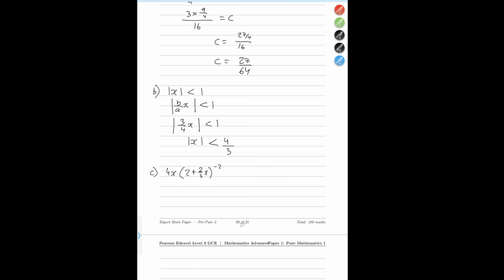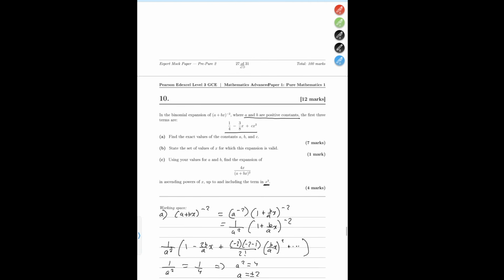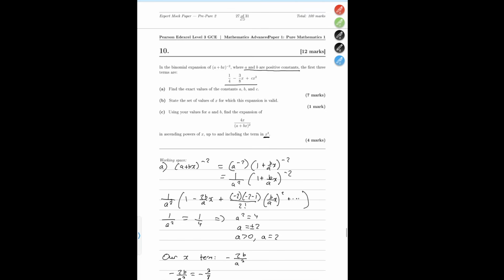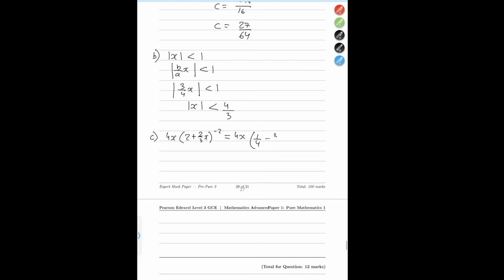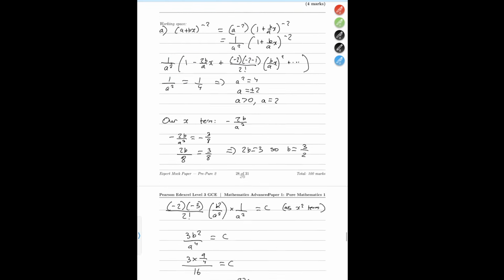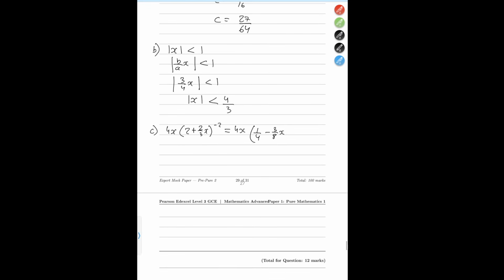And the thing is, we already know the first three terms of the expansion. So we can actually write this straight away as 4x, then 1 over 4, and then minus 3 over 8x. And then we calculated c to be 27 over 64. So plus 27 over 64x squared.